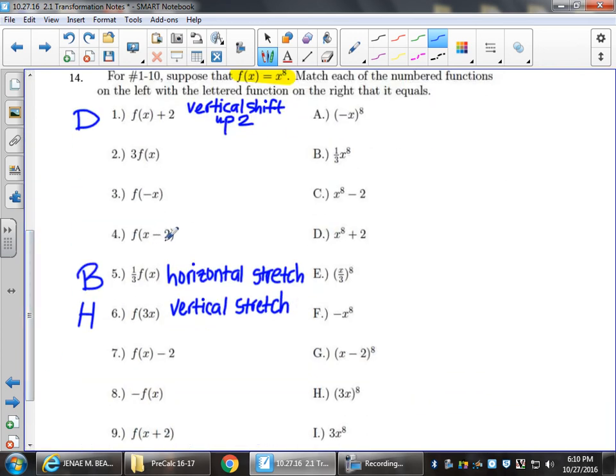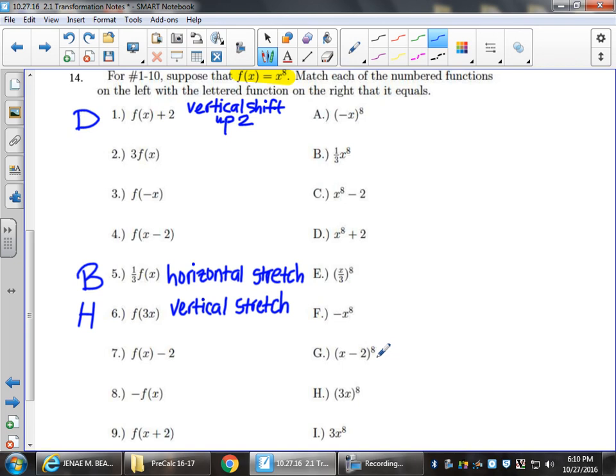Right 2. So if I look, applying this to f of x equals x to the 8th power, which of these demonstrates that? Looking for a minus 2 on the inside of parentheses. Hey, check that out.